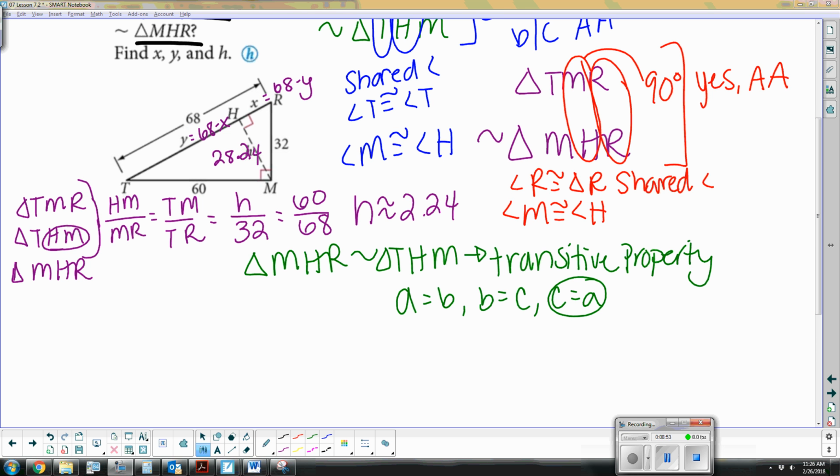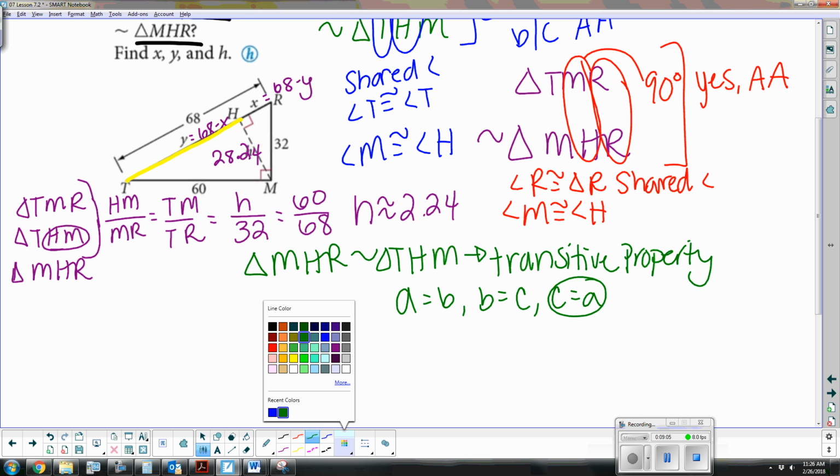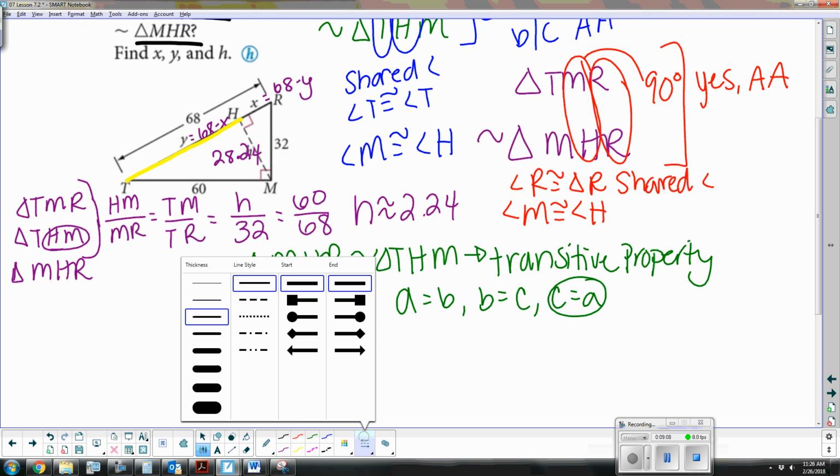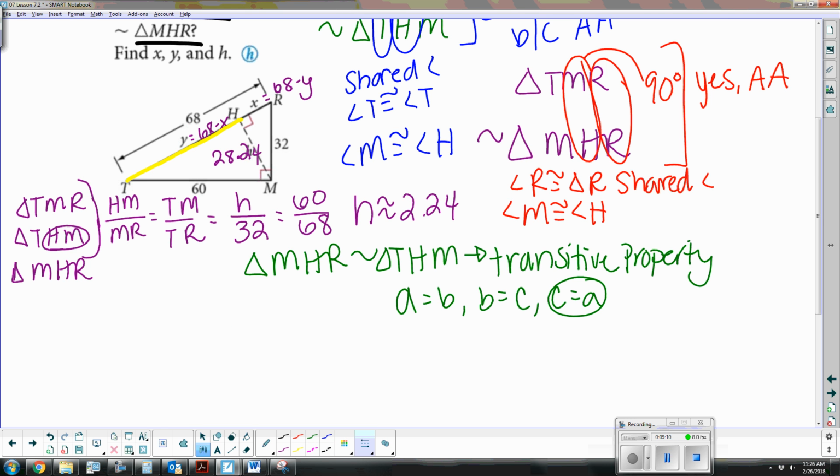So now secondly, we're going to look at, and you can solve for X or Y, I'll show you how I'm going to solve for Y. So I'm solving for this segment here. So when I set up my proportions, I'm going to look at the two triangles TMR and use that is similar to THM.